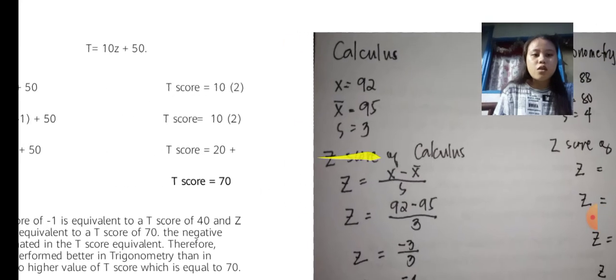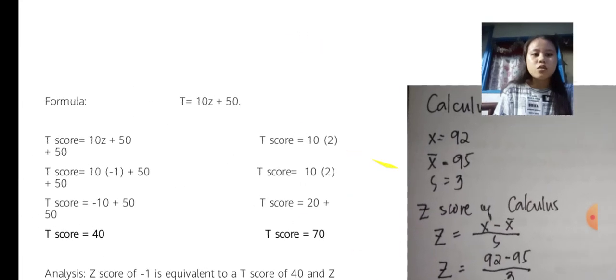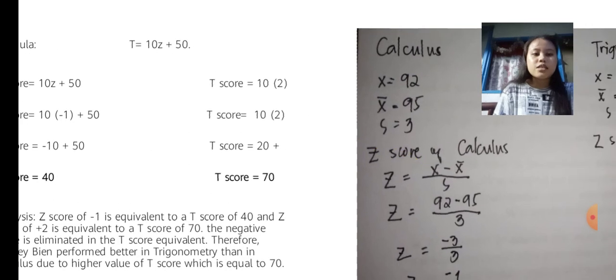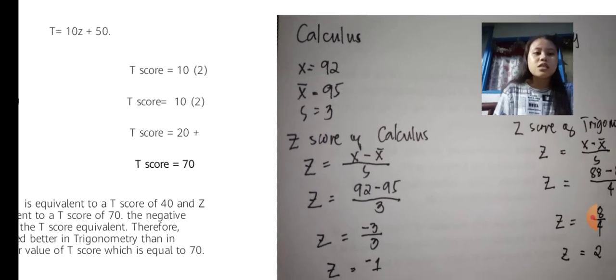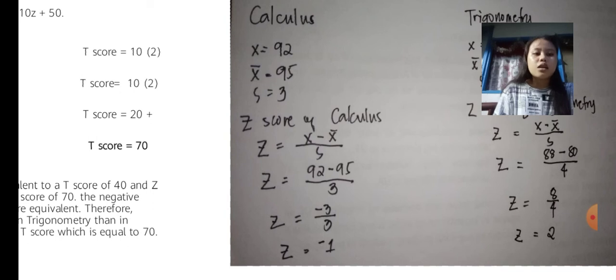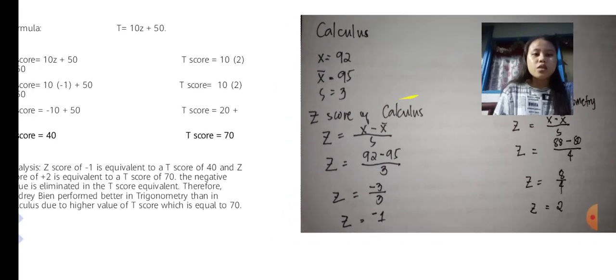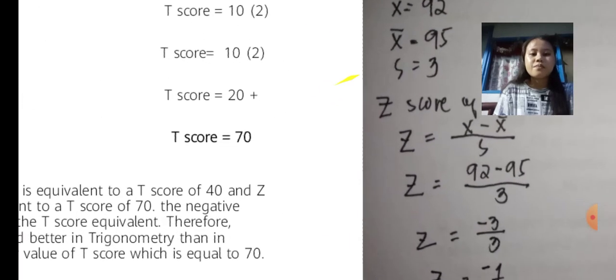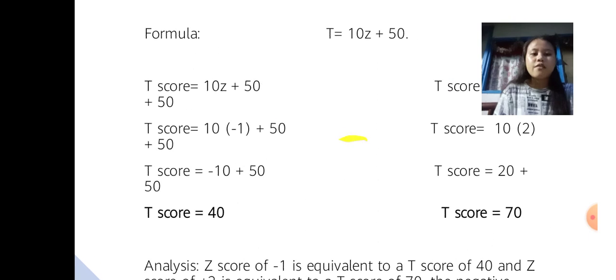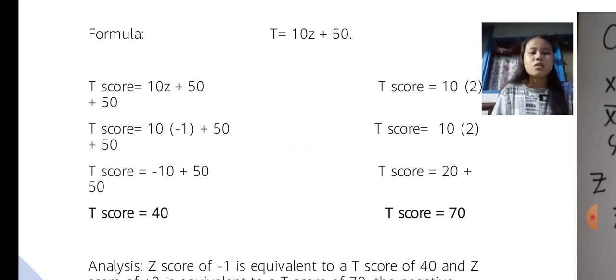In order for us to know the t-score, since we already solved the z-score, we are going to use it. So on the left side, the formula is t equals 10z plus 50.